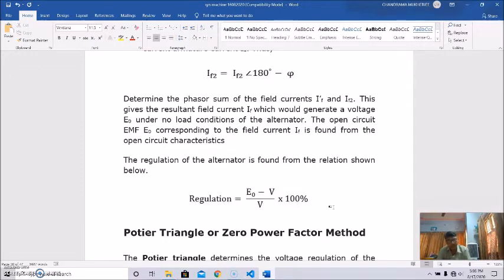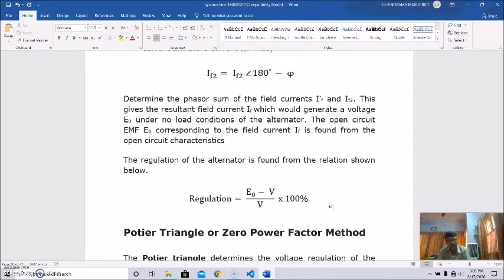In this method, the voltage regulation is better than the previous one, that is the EMF method. There is no question of considering only the linear part of the saturation. The nonlinearity, the saturation portion, is also taken care of. So this is the better method, and this is called the optimistic method.